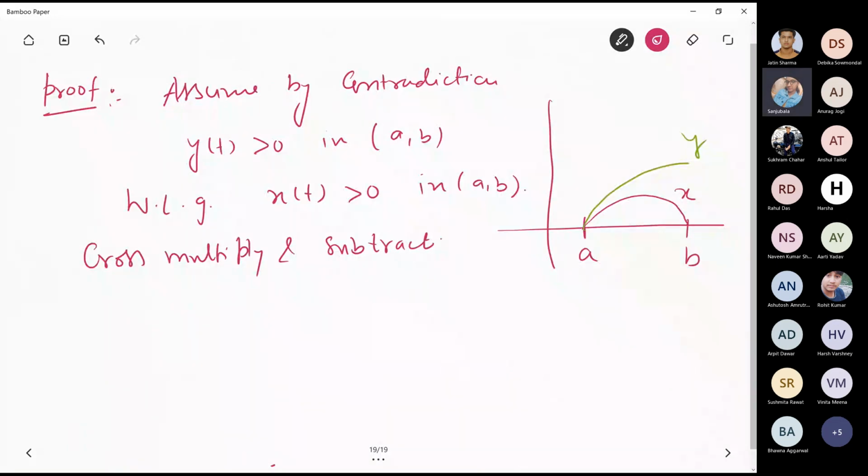Sir, your voice is breaking. Sir, your voice is not clear. It is breaking.